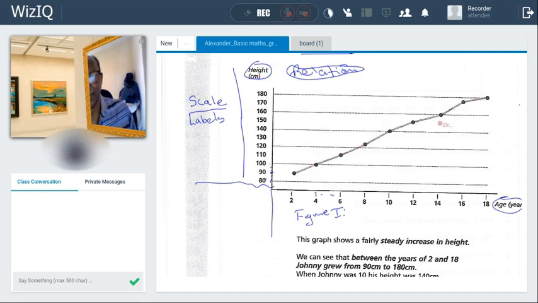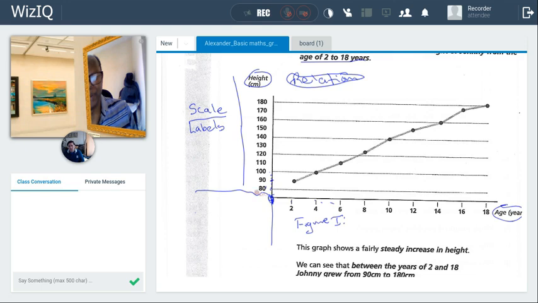Okay, right. So as it says, this graph shows a fairly steady increase in the height. We can see that between the years, so we're looking at year 2. Also one thing, the axis shouldn't always start from 0. This one is starting from 0, from 1 for the vertical axis. But this one here is not starting from 0.